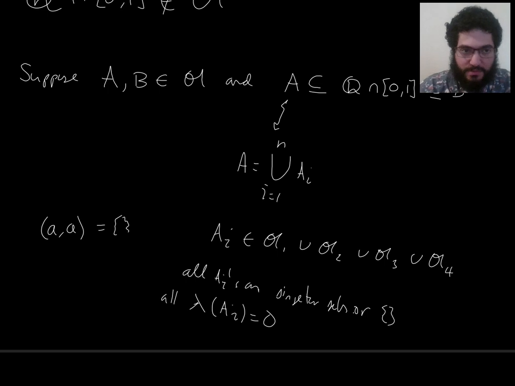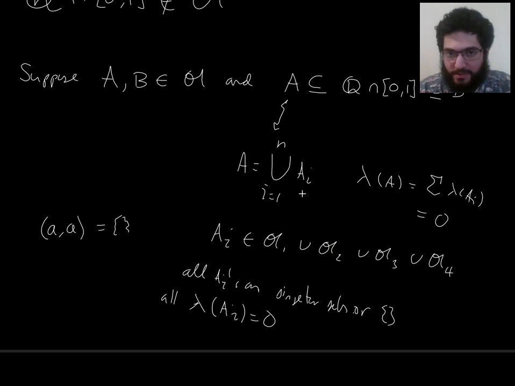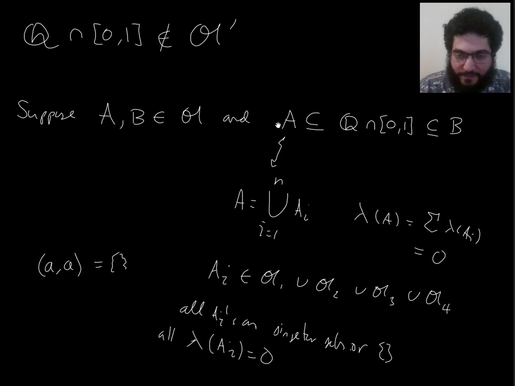And so if A is written like this, then its measure is defined to be the sum of the measures of the A_i, so a sum of 0s, so it's 0. So necessarily, if A is an elementary set that is contained inside here, then definitely its Jordan measure is 0.